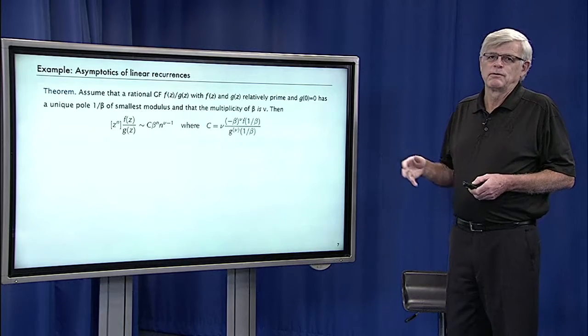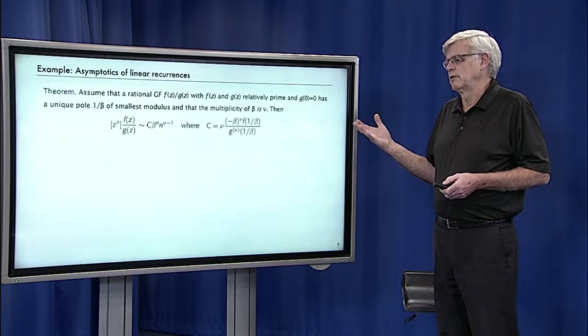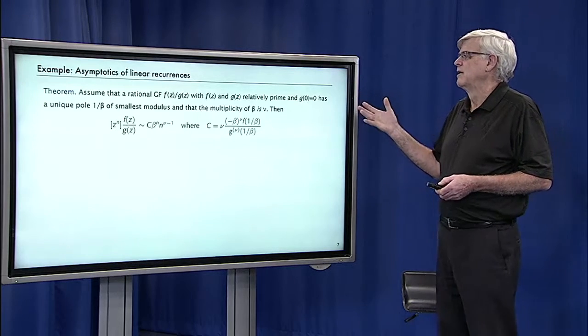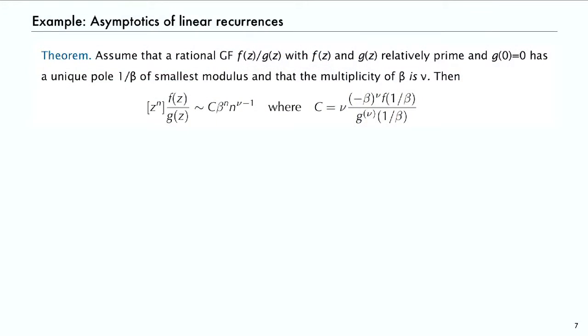So here's an example that we looked at in the second lecture. We came up against a theorem that was going to give us coefficient extraction, this was for solving linear recurrences.